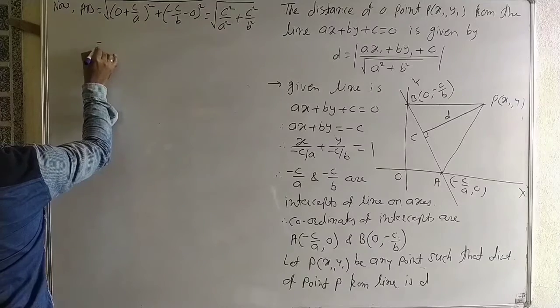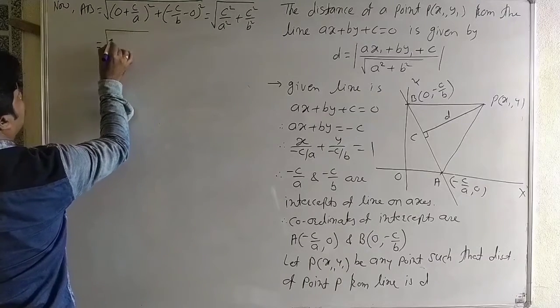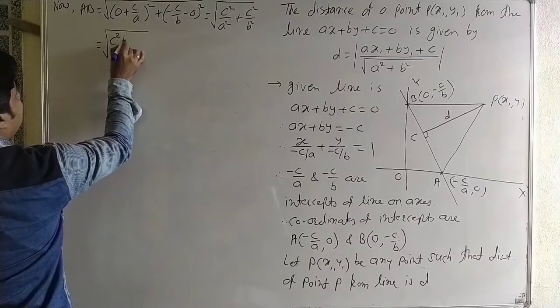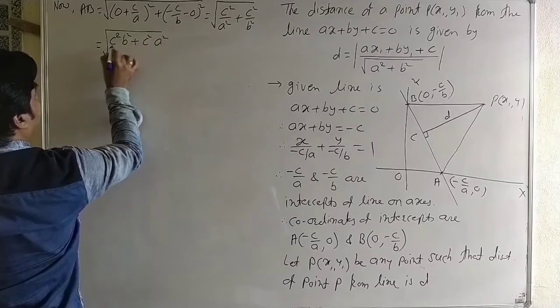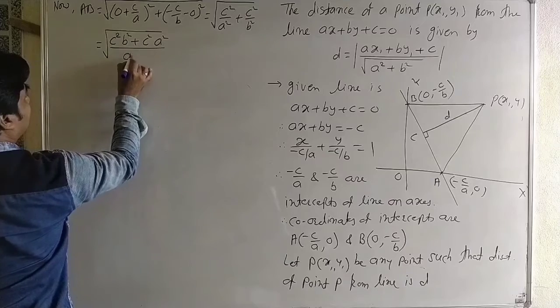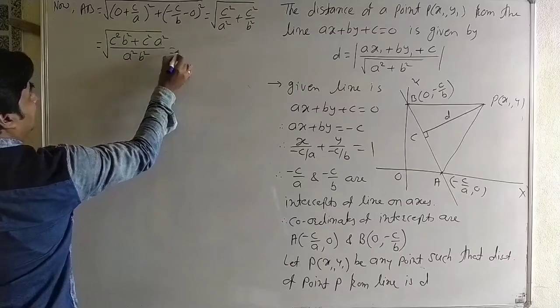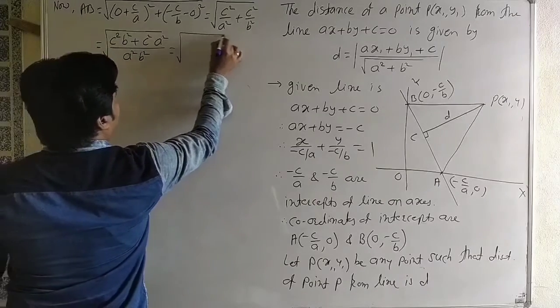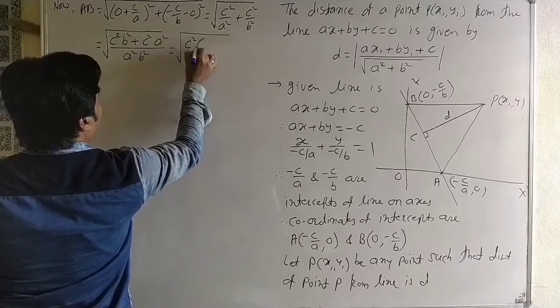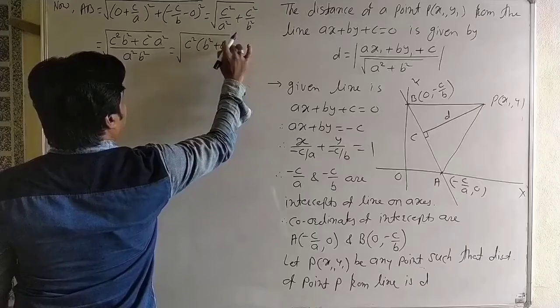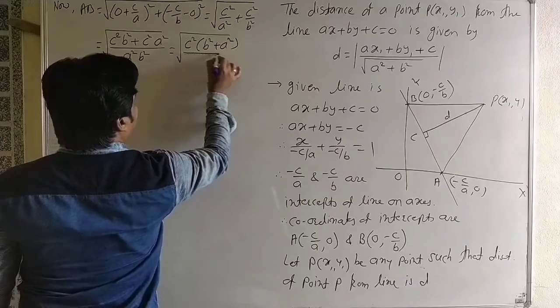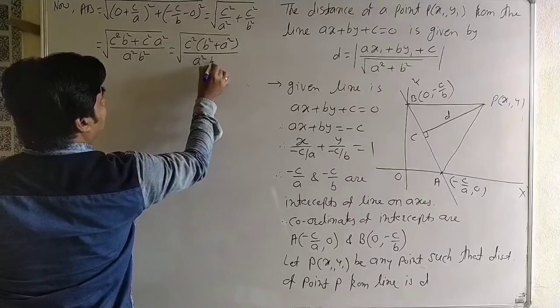Now this can be written as under root of c square b square plus c square a square upon a square b square, and that is equal to under root of, take c square common, b square plus a square upon a square b square.